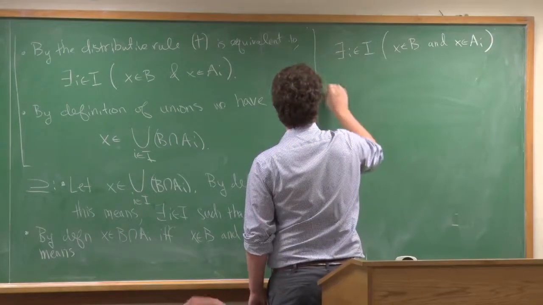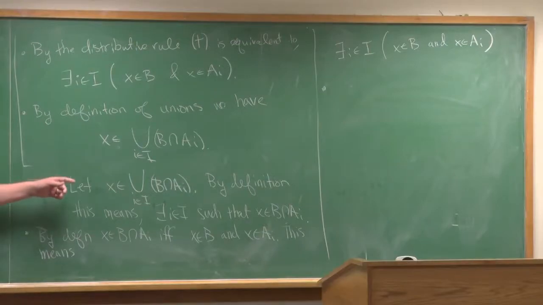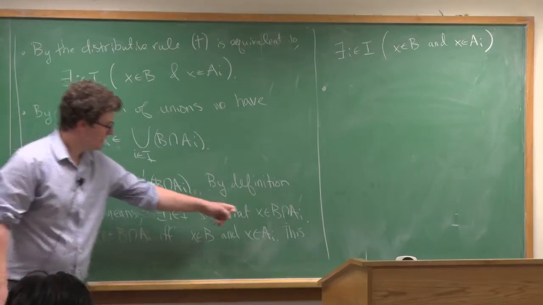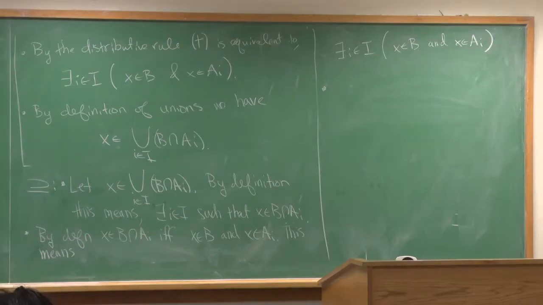Right? Or maybe I could do it like that. Here, we're taking this formula and then we broke up what B intersect AI means. It's just an and.